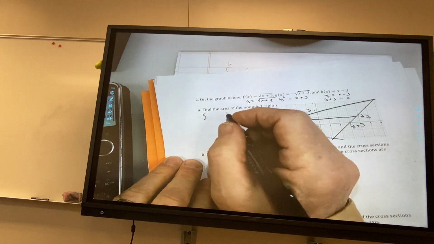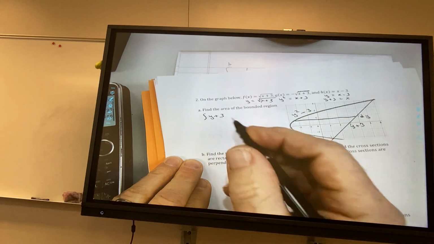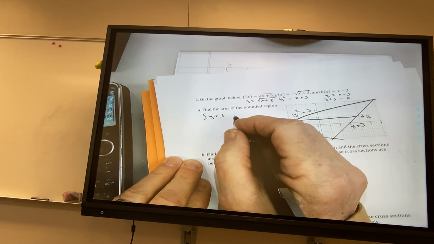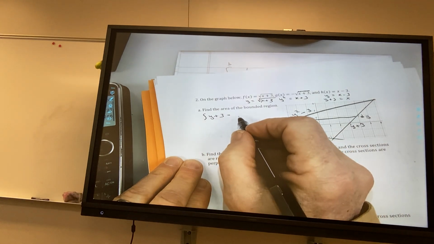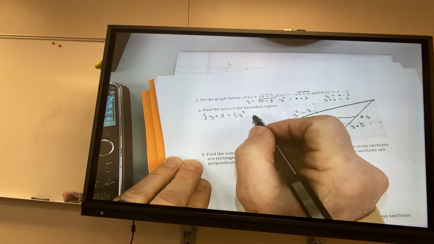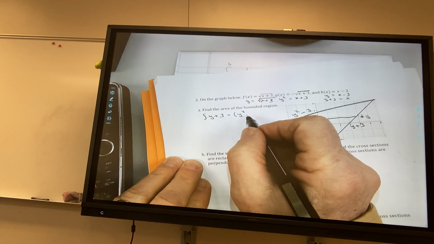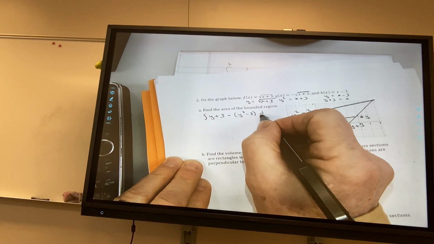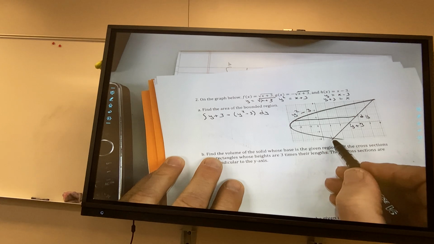Right minus left was y plus 3 minus, in parentheses, y squared minus 3 dy.